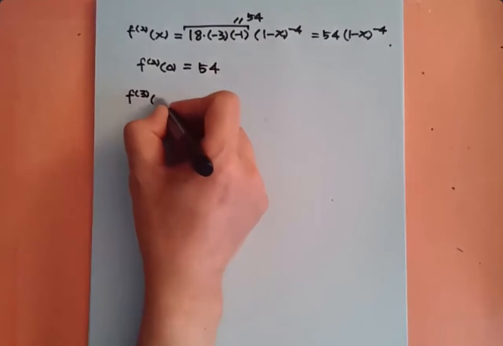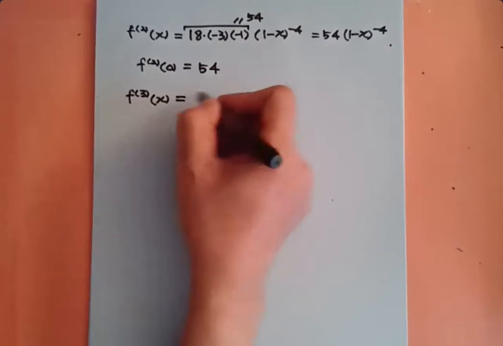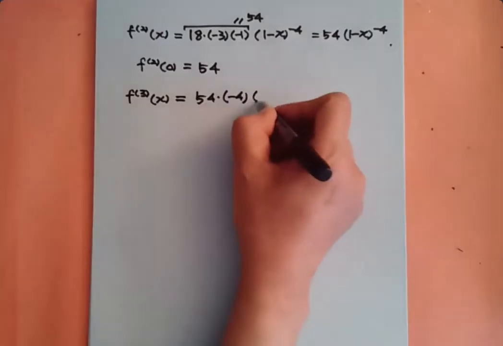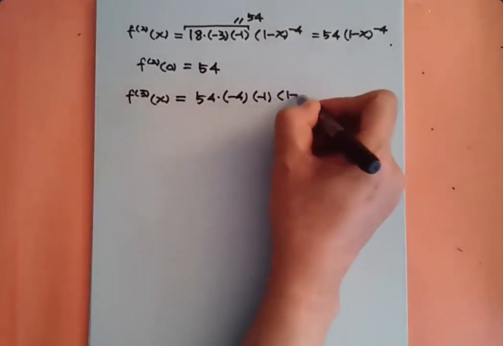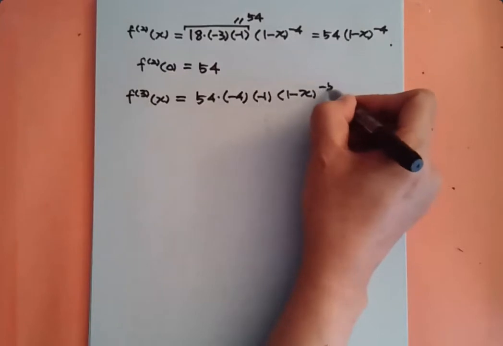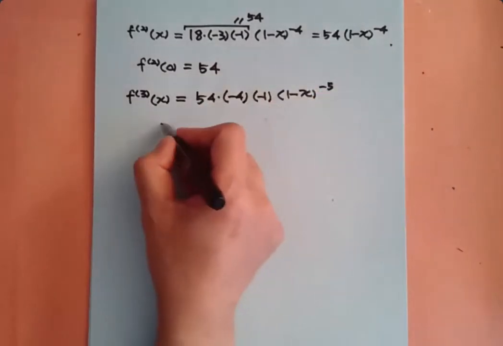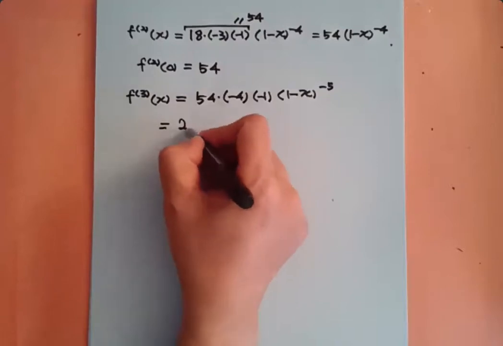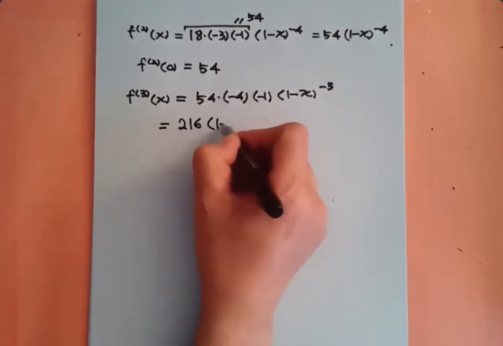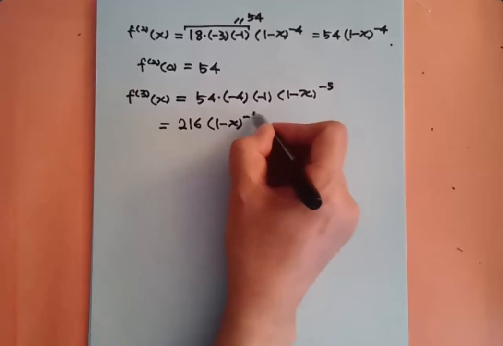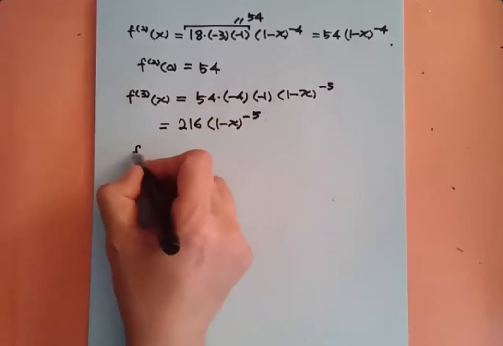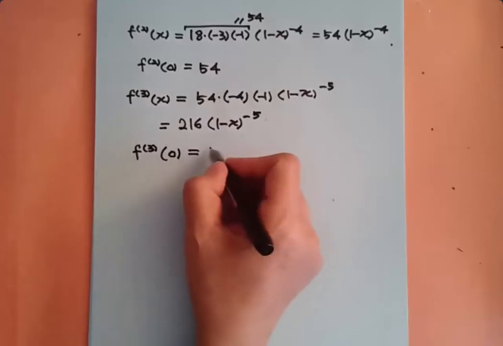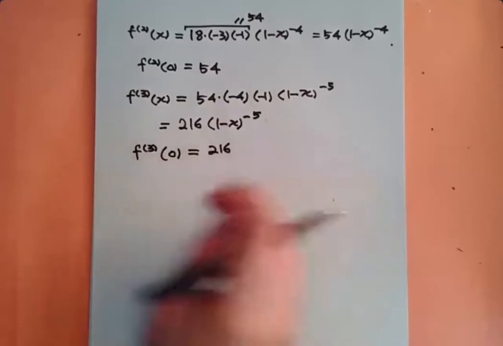So the third derivative of f is 54 times -4 times -1 times (1 - x)^-5. Minus times minus will be plus, and so 216 times (1 - x)^-5. And the third derivative at 0 is 216.